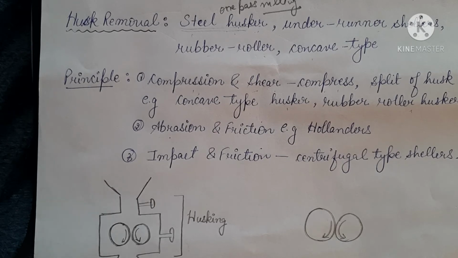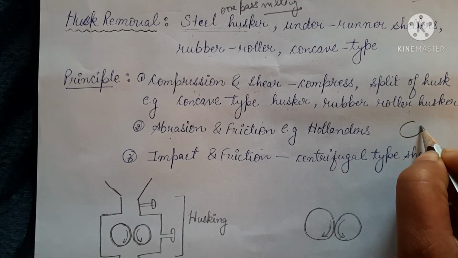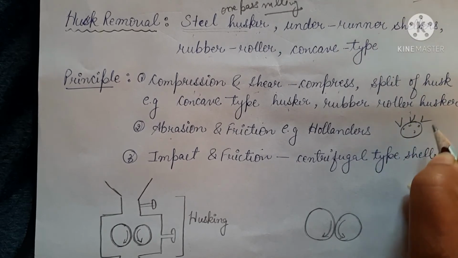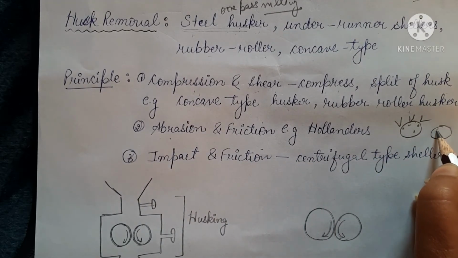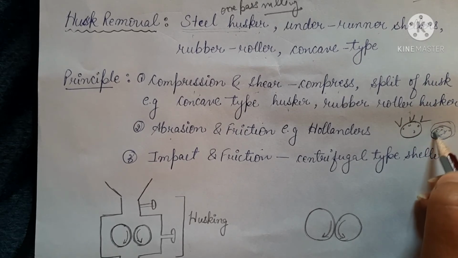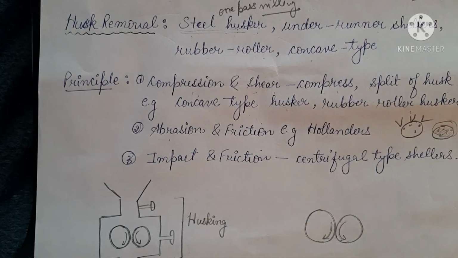And friction is when, I'll show you. Suppose this is the surface where kernels are here, and the abrasive surface will be like this, right? And friction is when this is the rice kernels you have, and here another surface comes in direct contact with the rice kernels, right?